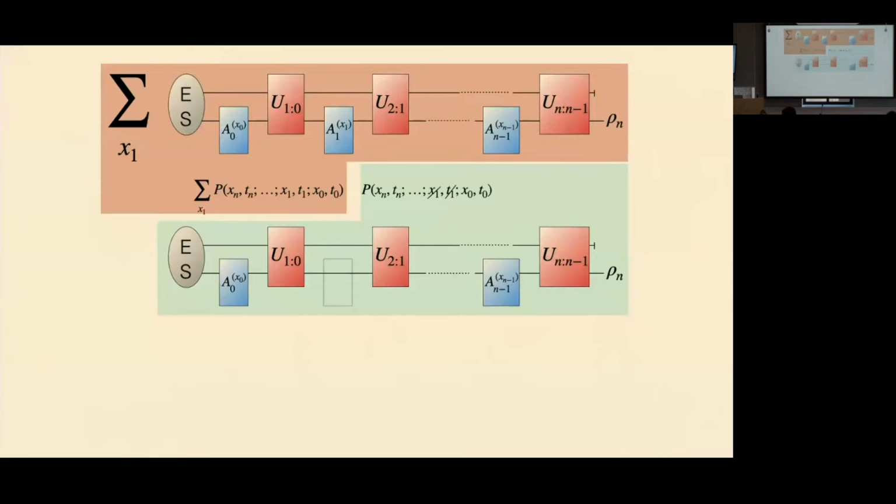Is that the same as not doing anything at time step 1? So imagine you're doing a Stern-Gerlach experiment. You do an X measurement, a Z measurement, an X measurement, something like that. Now, suppose you skip the intermediate Z measurement. Is that the same? And the answer is no.